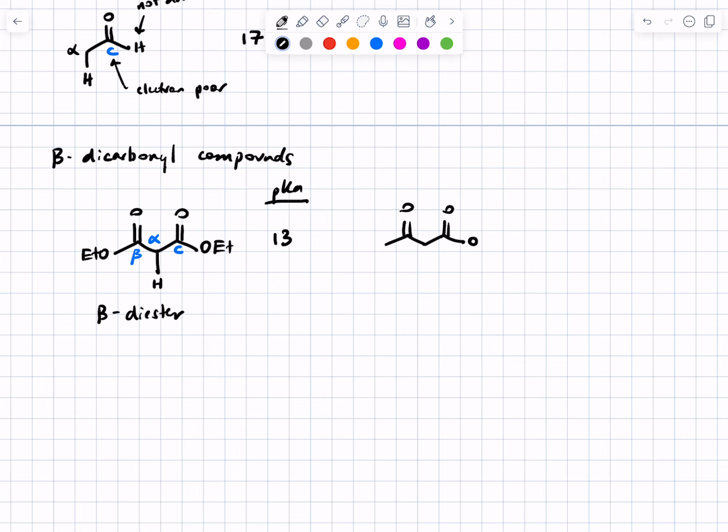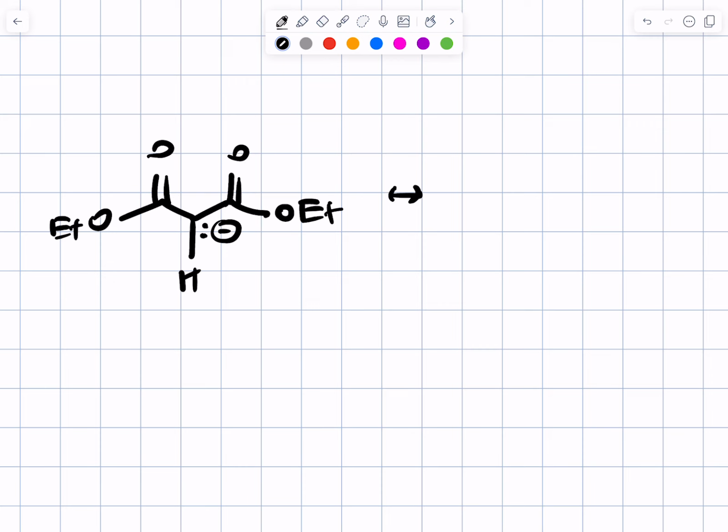You can see that the conjugate base, with a negative charge on the alpha carbon, has 2 possible alternative resonance structures in which a negative charge is on an oxygen. Here's one of them. And then here's the other.